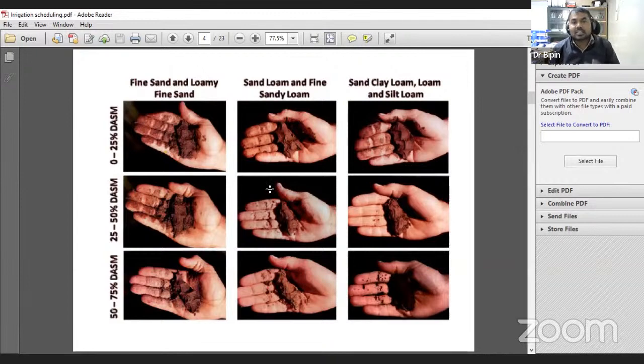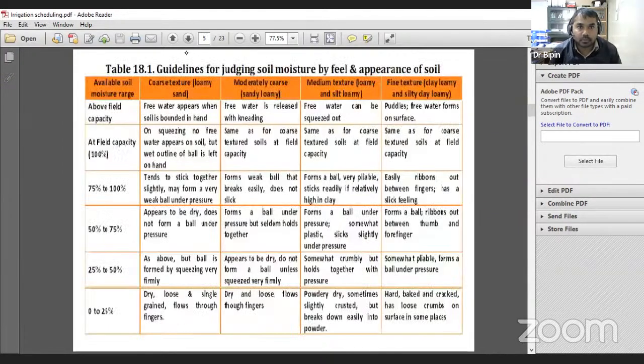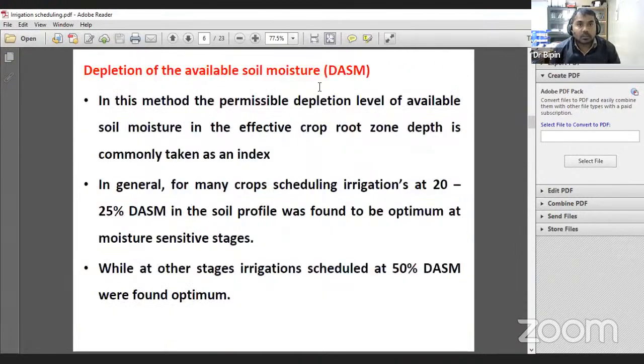So this is the kind of experience you will feel when you take the soil from your field. That is actually the very basic and traditional way. And these are some of the guidelines for judging soil moisture by feeling and appearance of the soil.